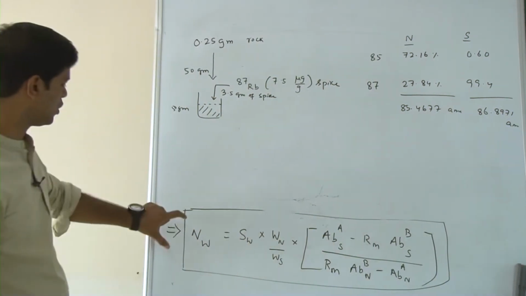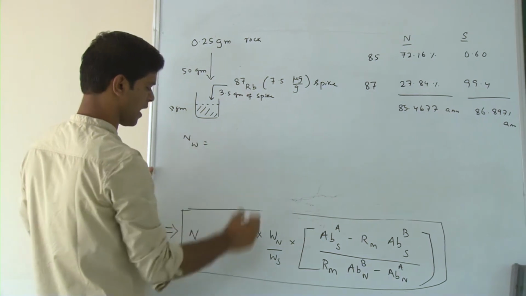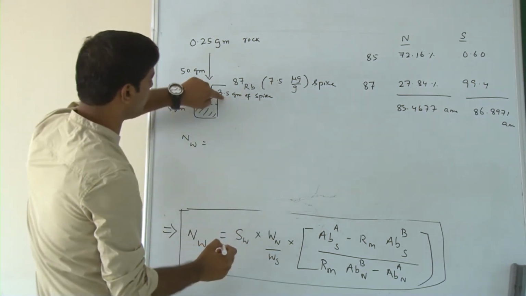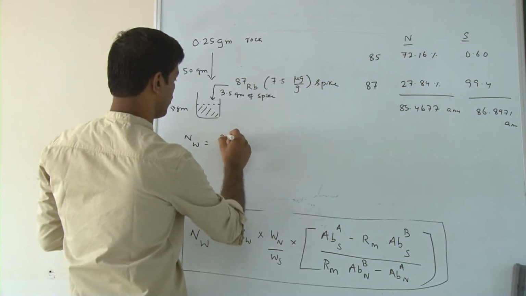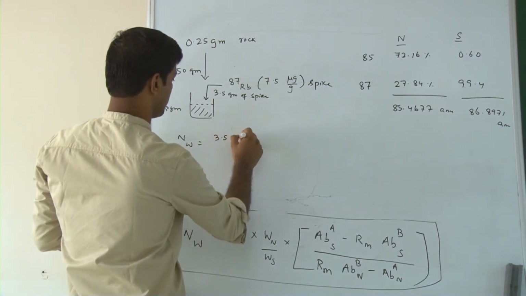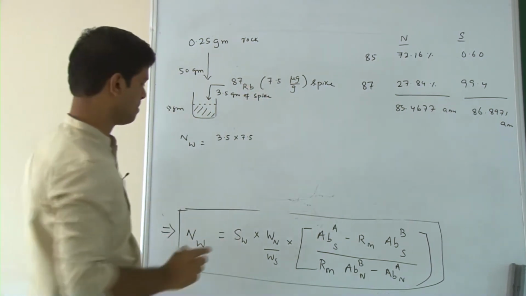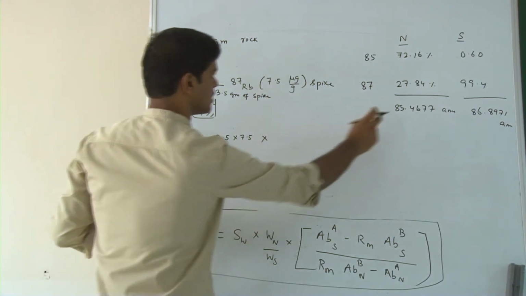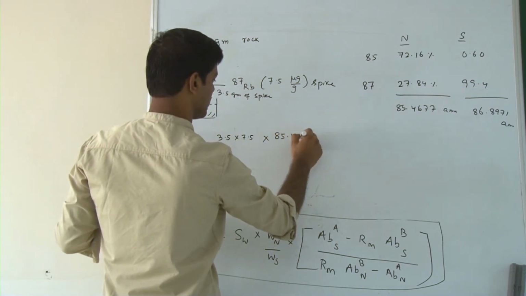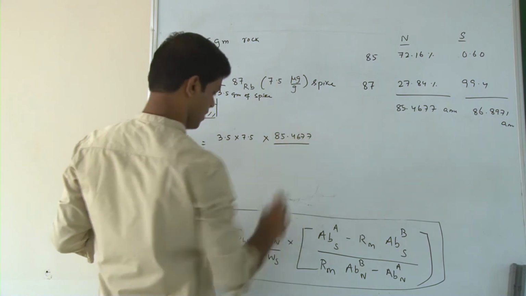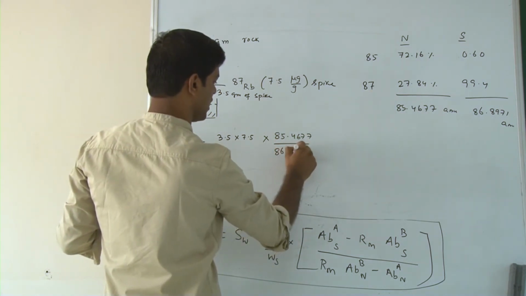Okay. Now, we will use this equation, Nw is equal to Sw. Sw is 3.5 multiplied by 7.5, which is 23.5 multiplied by 7.5. This is the total microgram you have taken, multiplied by Wn, 85.4677, divided by Ws, the spike atomic weight, which is 86.8971.